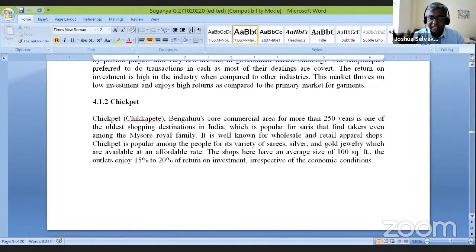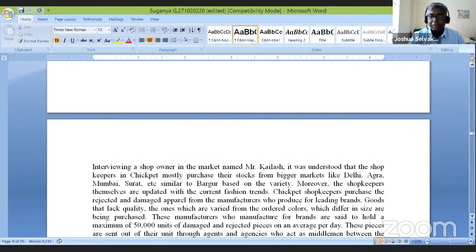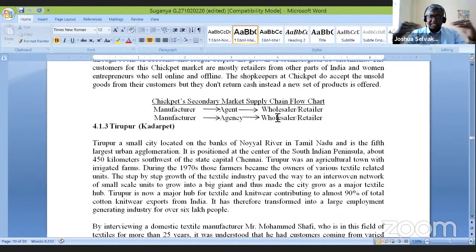They're also dealing with secondary supply chain products. So this is a case we have written about Chickpet. In Chickpet, it is like this: manufacturer to the agent or agency, almost similar in structure to the Bargur market. Manufacturer to the agent or agency, to the wholesaler retailer. So this is what they're doing.